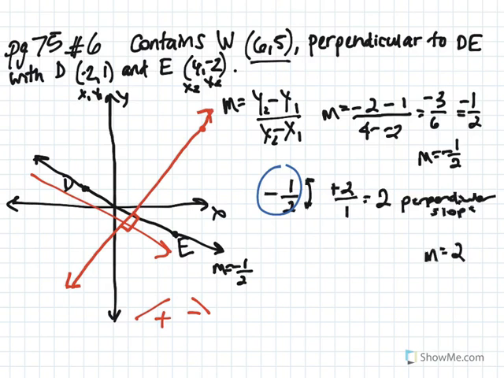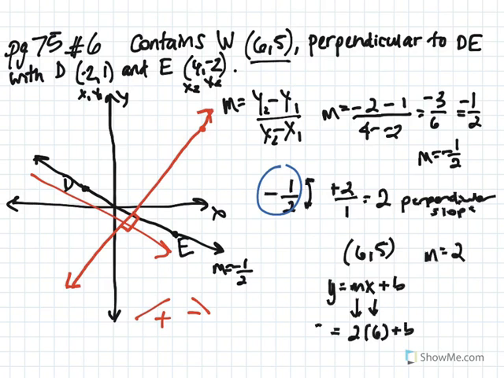and we are given the point 6, 5. And we totally know how to calculate this equation of a line given slope and a coordinate, right? So y equals mx plus b. We have the slope, which is 2. We have x, which is 6, y equals 5.